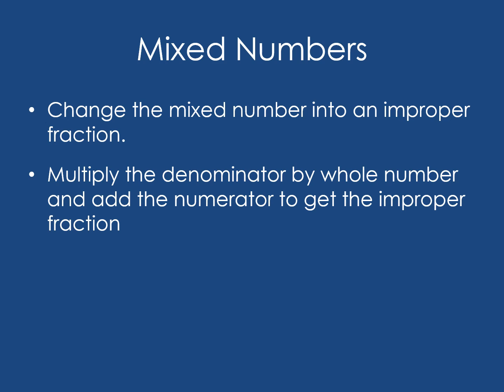Mixed numbers. Change the mixed numbers into an improper fraction. So what will you do? Multiply the denominator by the whole number and add the numerator to get the improper fraction. For example, 2 and 3/4. Change this one into improper fraction.